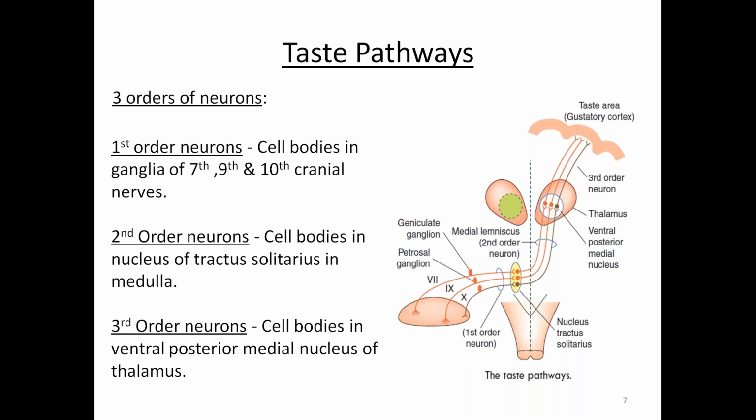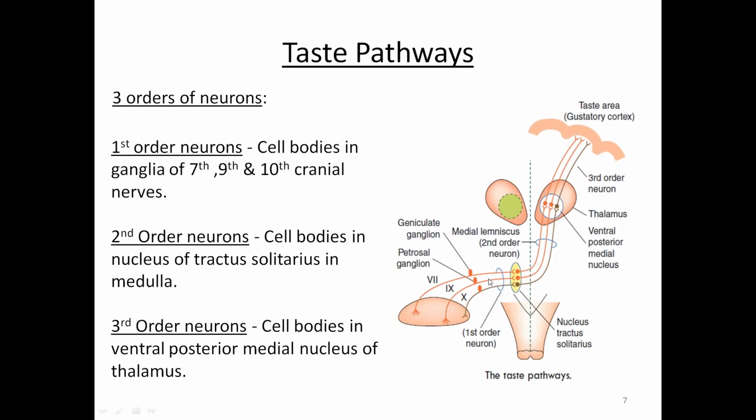Now, what about the taste fibers from posterior one-third? They run in fibers of glossopharyngeal nerve, which is your ninth cranial nerve.